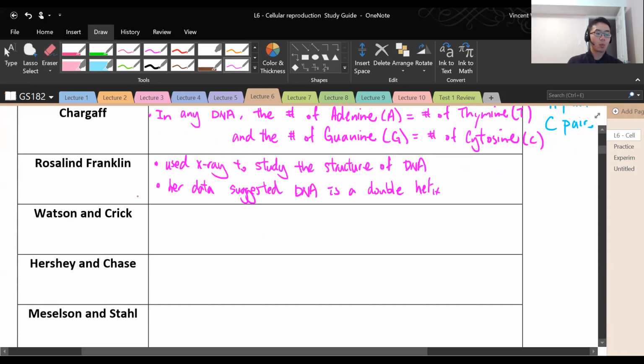So next comes Watson and Crick. They built the first DNA double helix model based on Franklin's data.